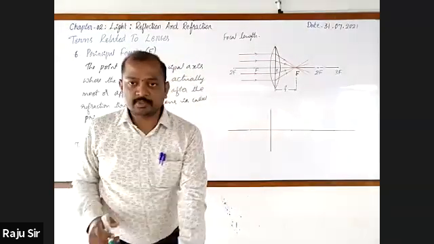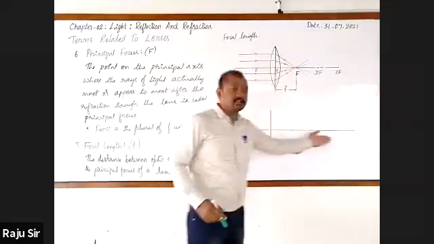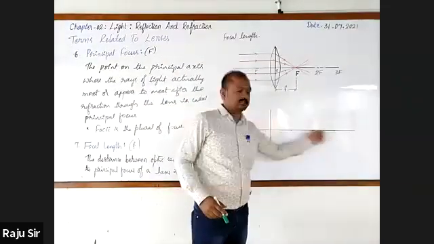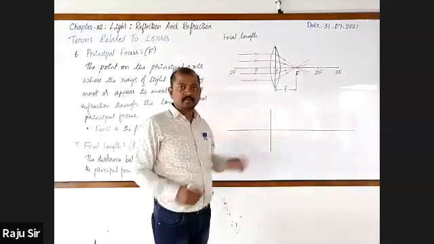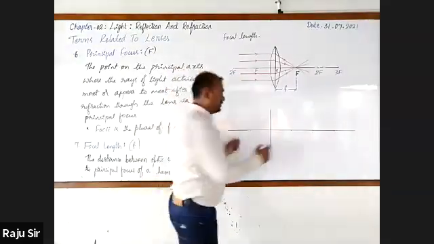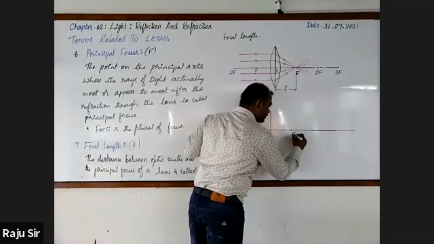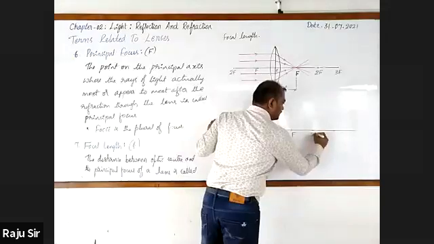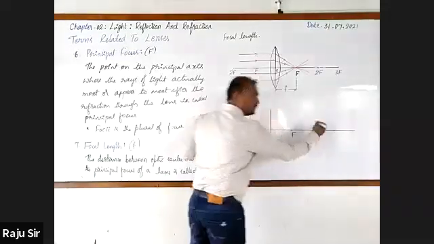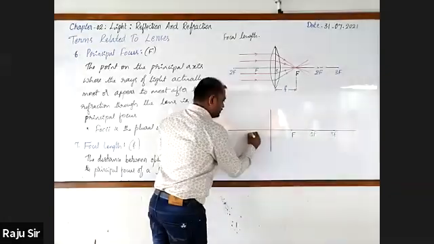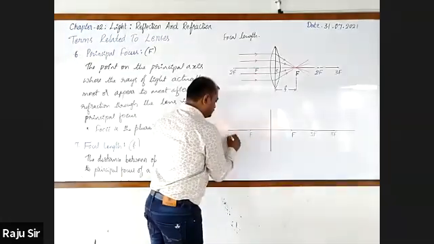Just listen. What do you call this horizontal line with respect to the lens? Principal axis. Perpendicular line? Aperture. What do you call this point? F. Principal focus. This is 2F, center. 3F. And here also, F, 2F.